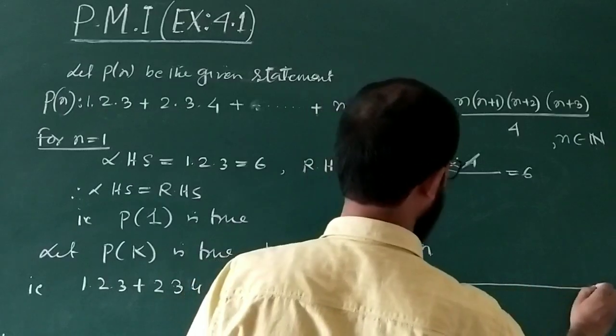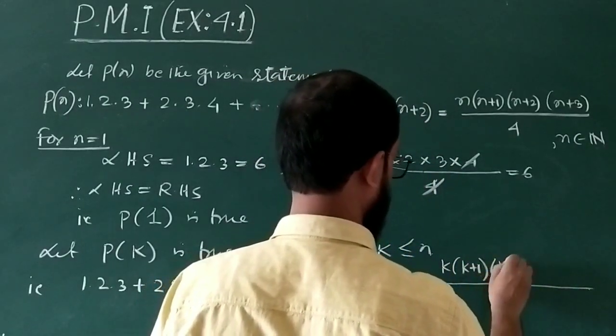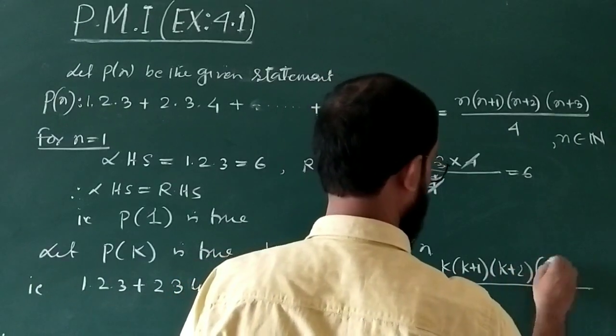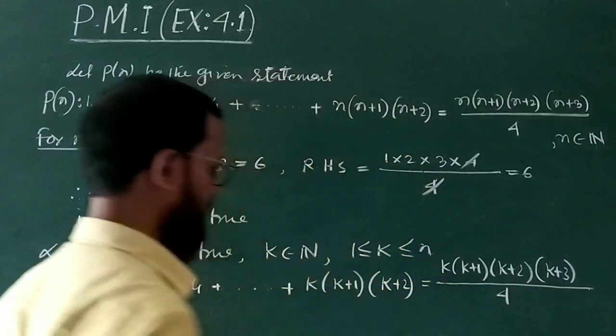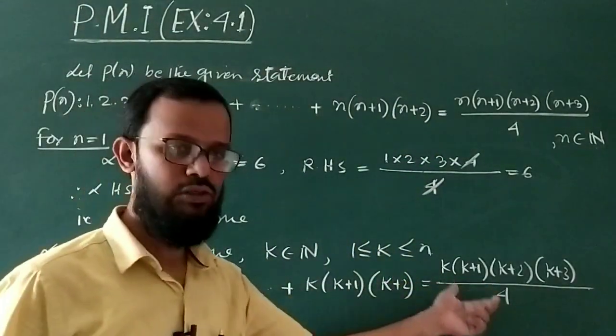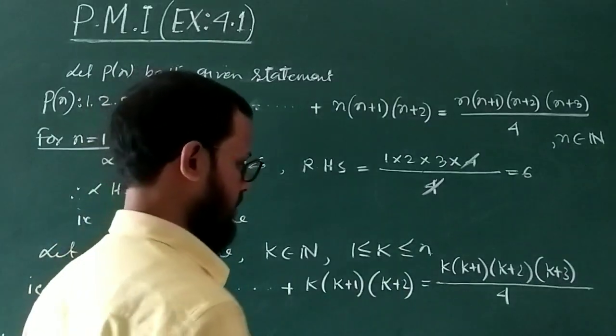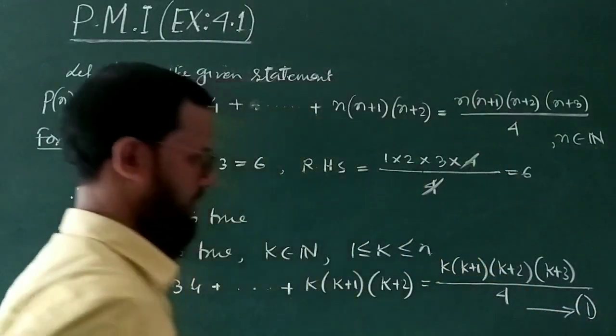Right hand side will be K into K plus 1, K plus 2, K plus 3 divided by 4. So this is what we suppose, that Pk is true means this is true. So it is number one relation.